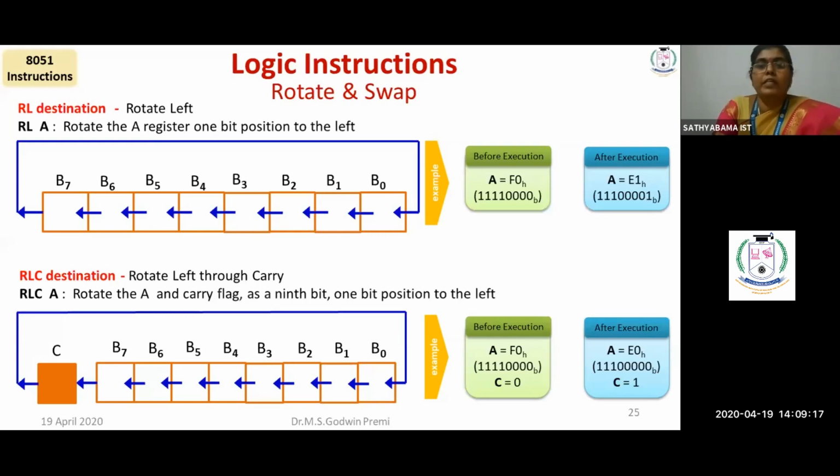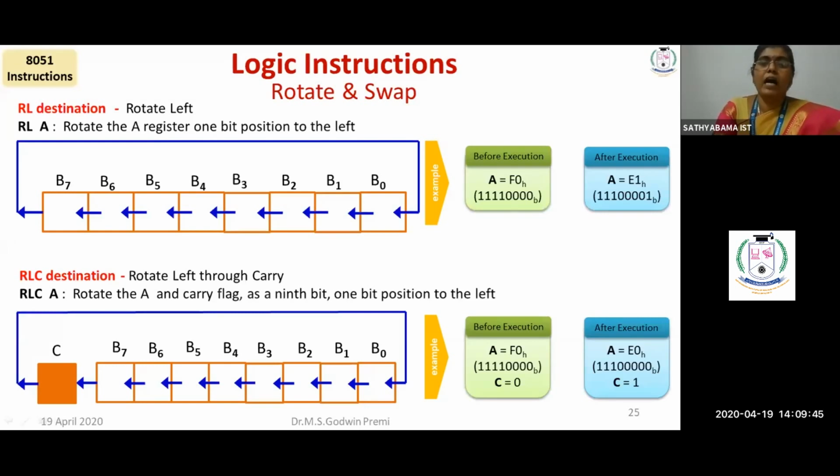So bit 0 to bit 7, left 1 bit. So before execution, if you are having A equal to F0, so here what will happen? After execution, it will be shifted here. So you will be getting 1 1 1 0 0 0 0 1. That means we will be getting E1, that is the rotate left.